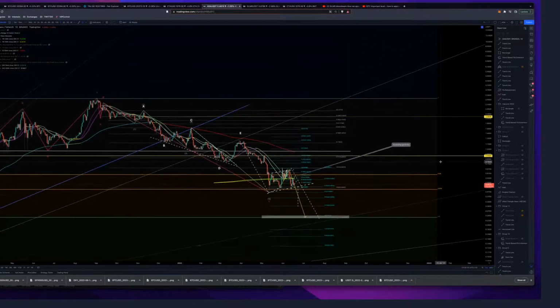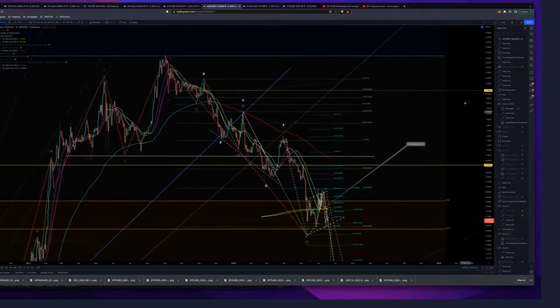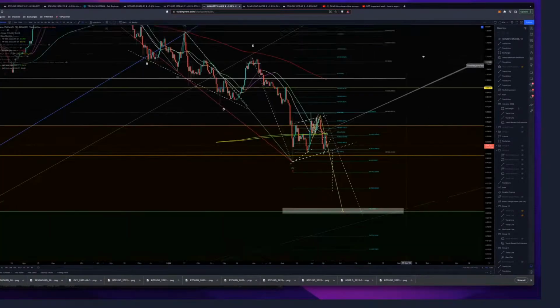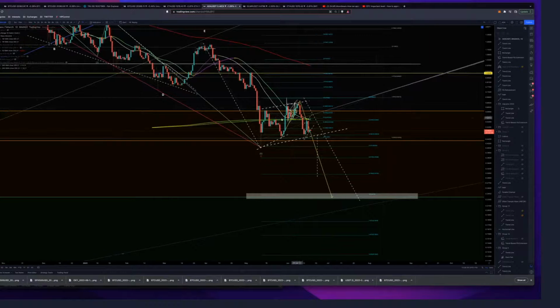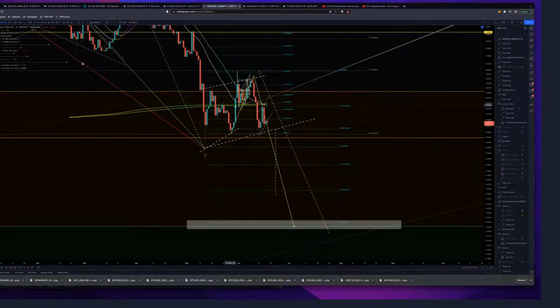So what we have, see this green line? That's the weekly 200 moving average, and ADA doesn't have too much history for the 200 weekly moving average to come in, but you can see it's coming into the picture, and it acted as resistance, acted as support, acted as resistance now.